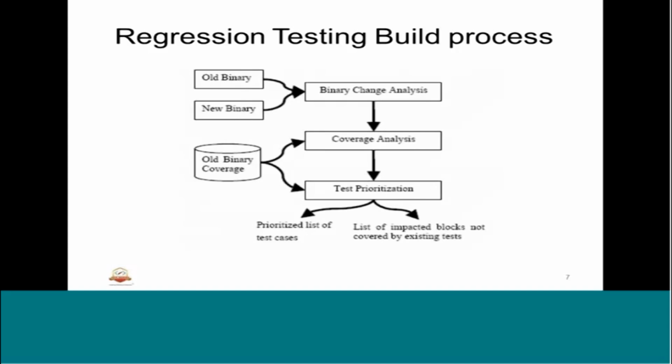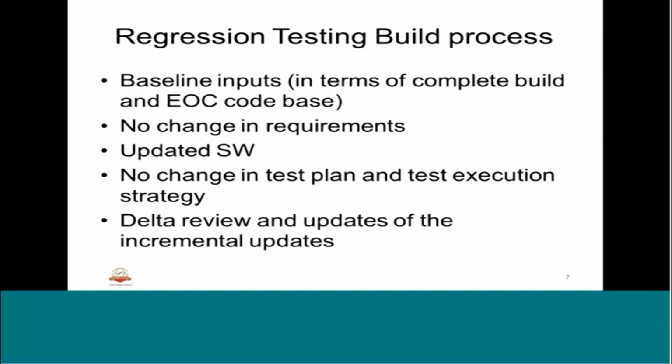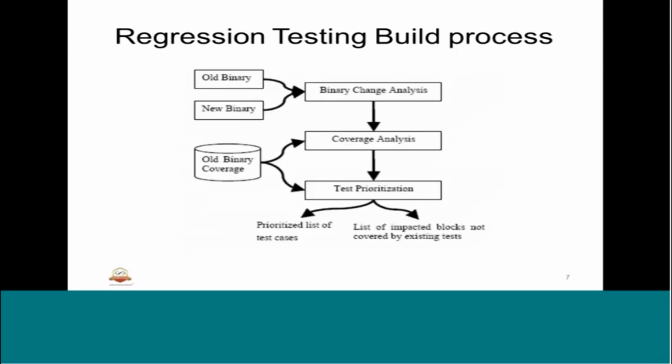The baseline inputs will be provided through a configuration control. Basically, configuration control will be done through various tools such as PVCS, Dimensions, SVN, Git. A lot of tools are there. We will study that in the next unit, test management or configuration management.